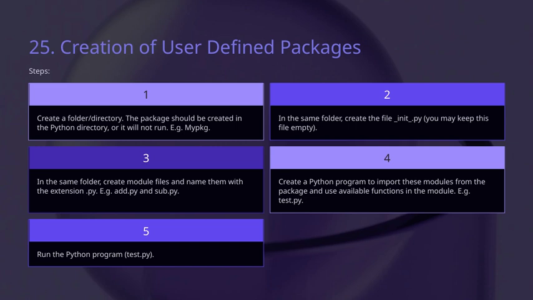Finally, in your test.py, you'll write code to import these modules from your package and call their functions. This way, you can organize your code better and reuse your modules across different projects. So, by following these steps, creating the folder, module files, the __init__.py, and then importing everything in your main script, you establish a clear structure for your own user-defined packages in Python.